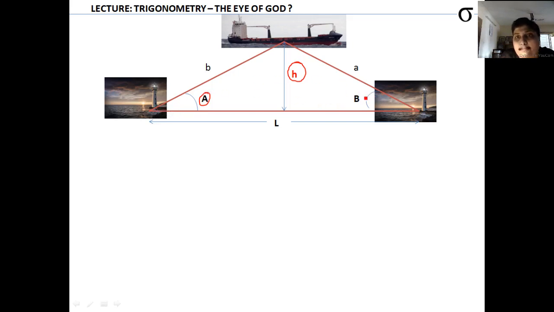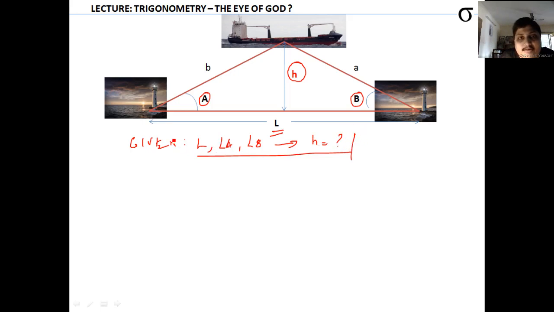Similarly, lighthouse 2 measures angle B, this angle, and then of course you have the distance L. So the given quantities are L, which is the distance between the two lighthouses, which can be measured very straightforwardly, then angle A and angle B. What we need to find is H. So essentially what you would be doing using trigonometry is really to play God. Without entering the ocean, you're going to find H.